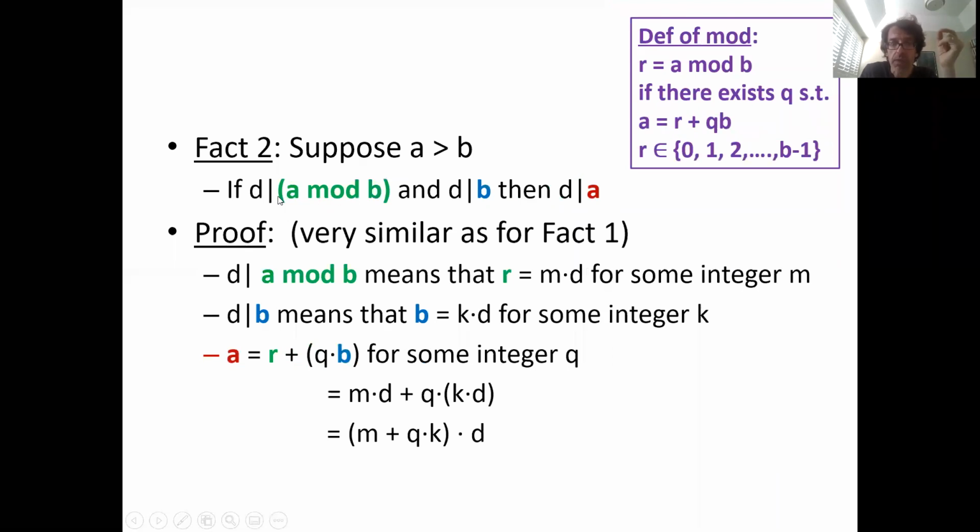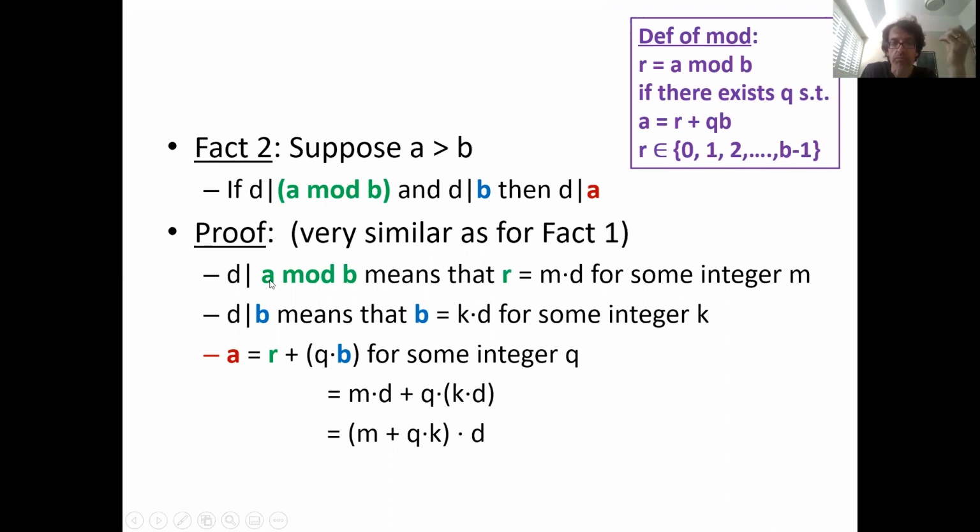Because if something is a common factor of this reduced number, A mod B, and B, then it also must be a common factor between B and A. In other words, this recursive jump did not create any new factors. All the common factors are preserved when you look at common factors of B and A mod B instead of A and B. So this proof of the second fact is almost the same as the first one.